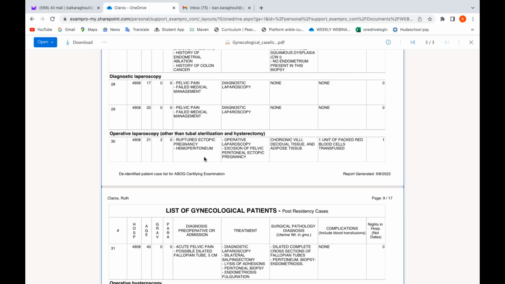So let's assume that this is the dysmenorrhea case. What is the difference between primary and secondary dysmenorrhea? I would say primary dysmenorrhea, the way I understand it, is that you've had painful periods ever since you started having menstrual periods.